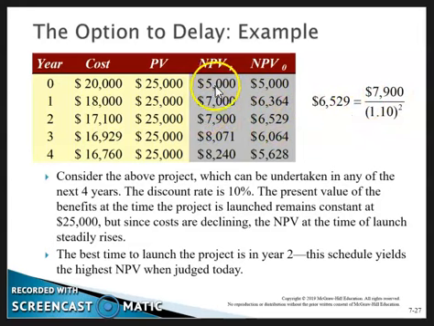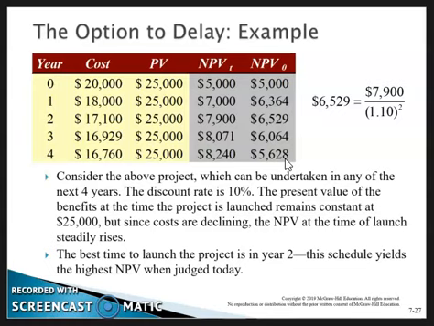To calculate the NPVs in this case, we take that $7,900 and present value it back 2 years, 1 plus the 10% squared. So that equals $6,529. The 8,240, for example, would be divided by 1.1 to the fourth power, and that would give you $5,628.